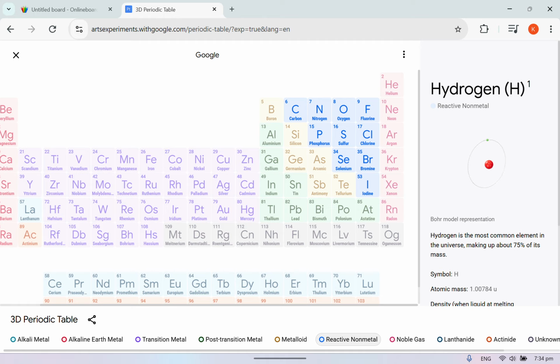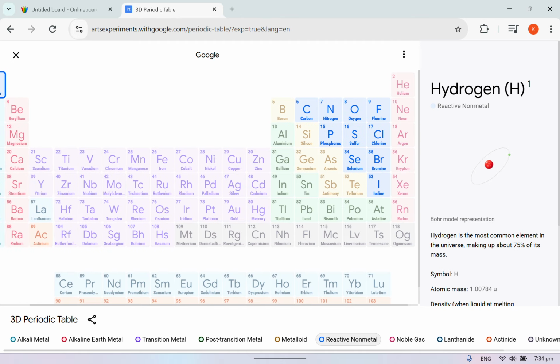Now, to remember where the dividing line is, you just remember, you start the dividing line on the top left corner of boron. So boron is over here, the top left corner. And you just continue drawing a little staircase. Literally just a staircase down from boron.